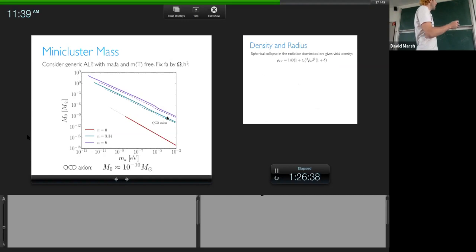And you can work out the mass of these objects that you expect. For the QCD axion, you expect these objects to be something like 10 to the minus 10, 10 to the minus 12 solar masses, depending on various uncertainties in the calculation. I think I might have found a factor of 20 in my own previous estimates before, but I already discussed that with people who are interested.